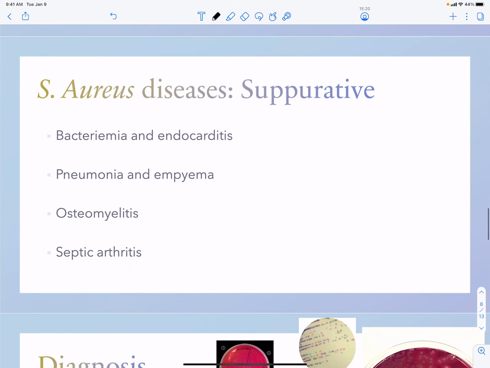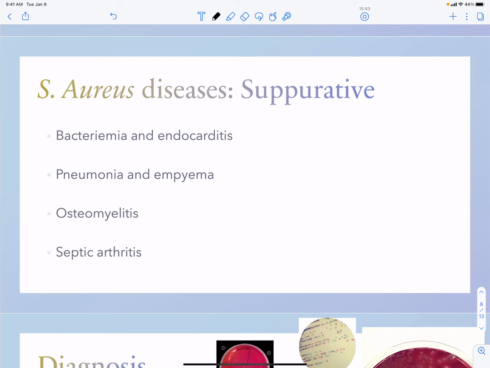Now, Staph aureus is also going to sometimes be found in the blood, so it's going to cause bacteremia. And unlike other bacteria where you know how the person got exposed to the bacteria, such as through the respiratory tract, GI tract, or urinary tract, with Staph aureus, sometimes it's not as obvious where the bacteria actually came from.